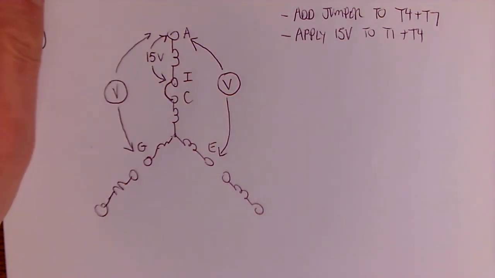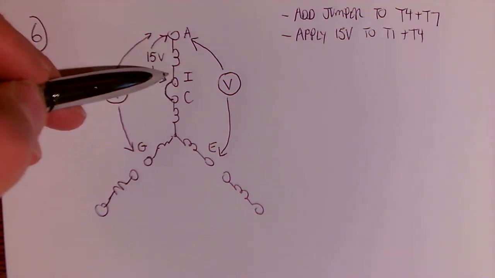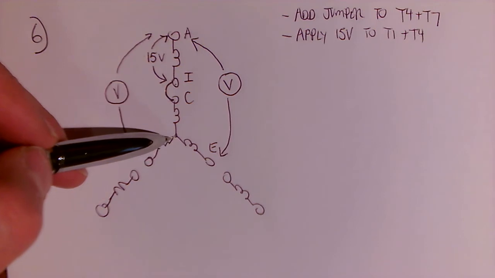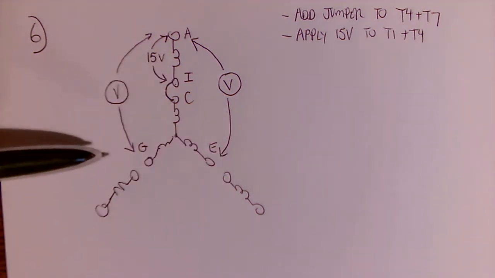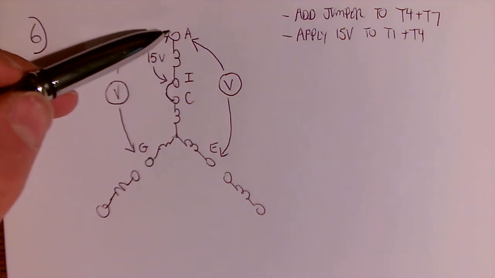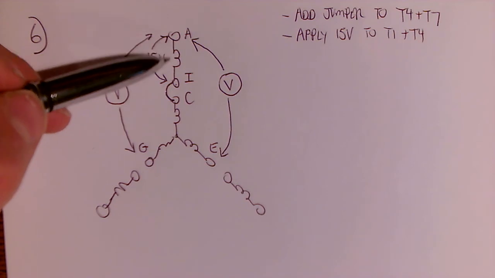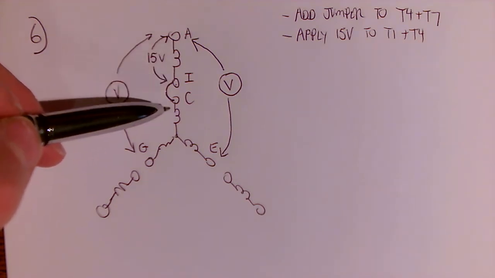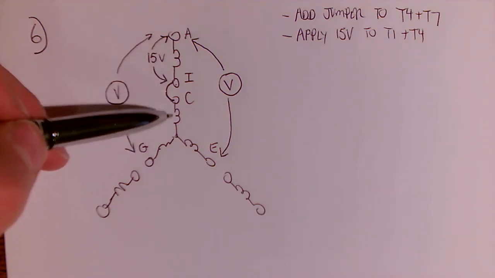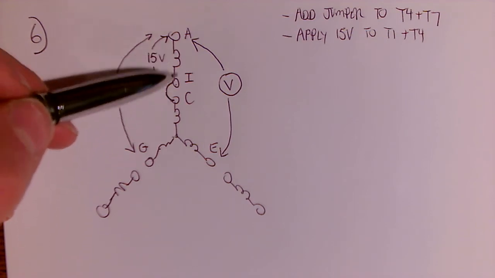Now, let's just take a look at what's going on here. So I'm applying 15 volts here. It's going to induce a voltage into this one and to this. Well, it's going to induce a voltage into all of them, but the only ones that we're really worried about are the ones that we're measuring. Now what happens is if I have 15 volts here, I'm going to induce, let's say, 15 volts here. It's not going to be quite 15 because these are the same winding.